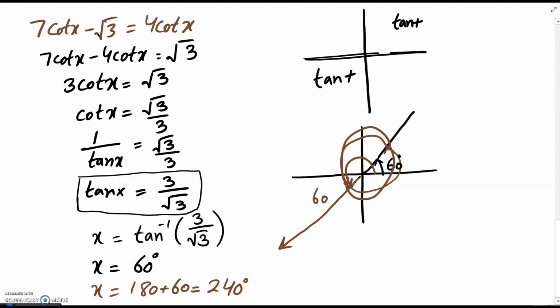The difference is pi, correct? Means 60 plus 180 is the next value, correct? So if you want to write the n value of x, then you will write x equals 60 plus n pi.